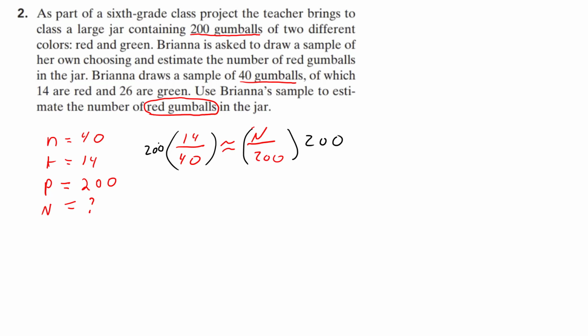And again, this is only an approximation, but 200 times 14 divided by 40 works out to be 70. So this worked out very nicely. If it hadn't, we would just round it off. So there's approximately 70 red gumballs out of those 200.